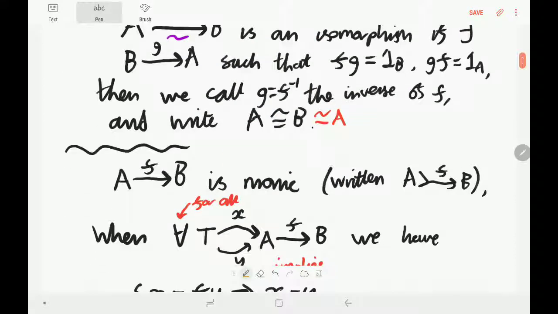Another very important kind of arrow is a monic.